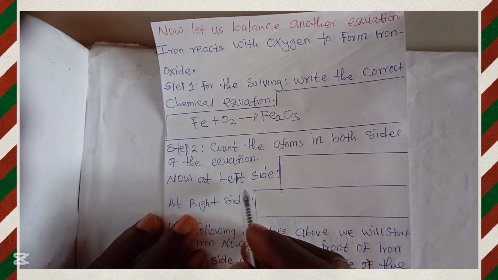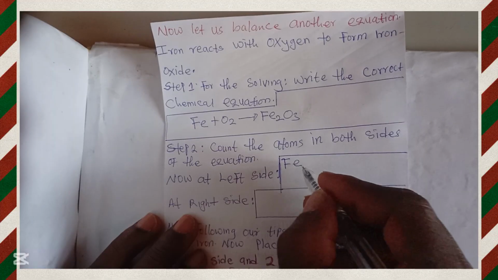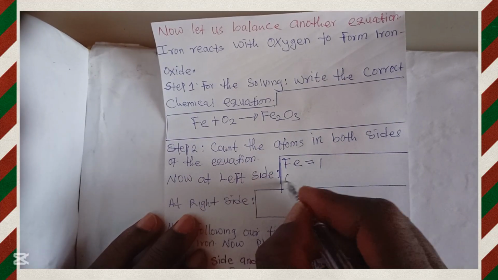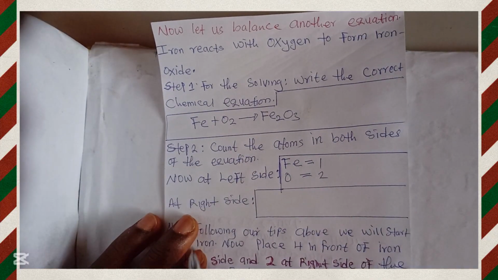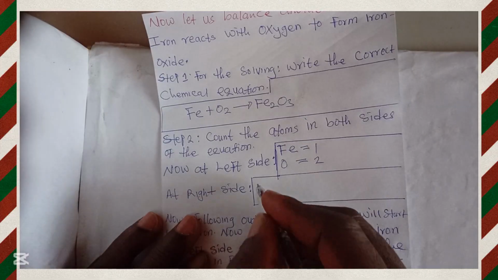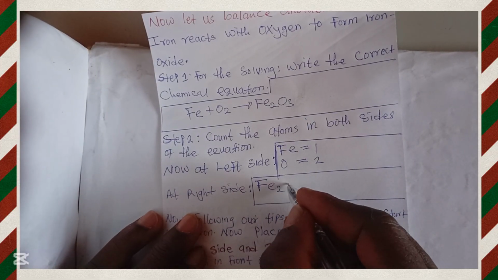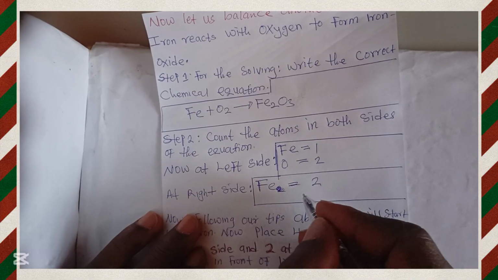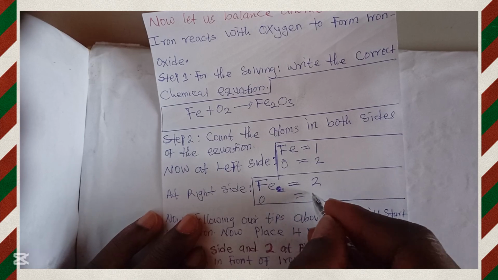Now, on the left side, iron is 1, oxygen is 2. On the right side, iron is 2, oxygen is 3.